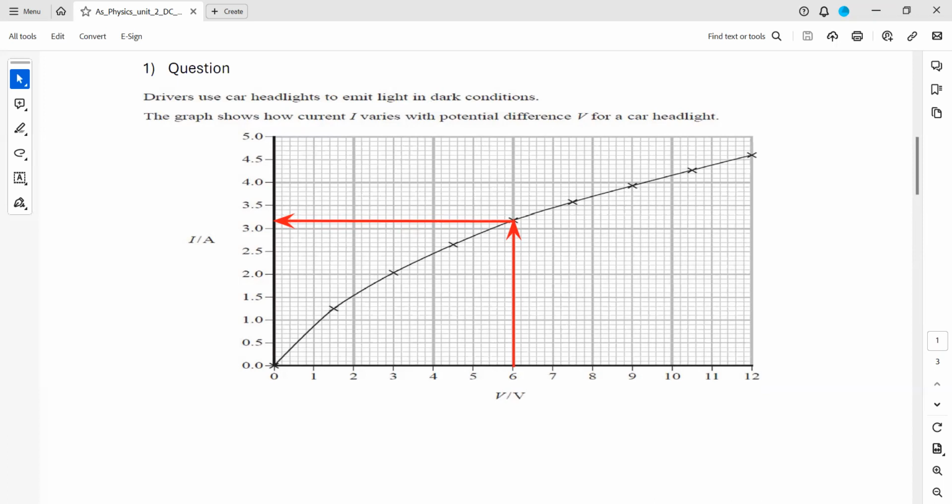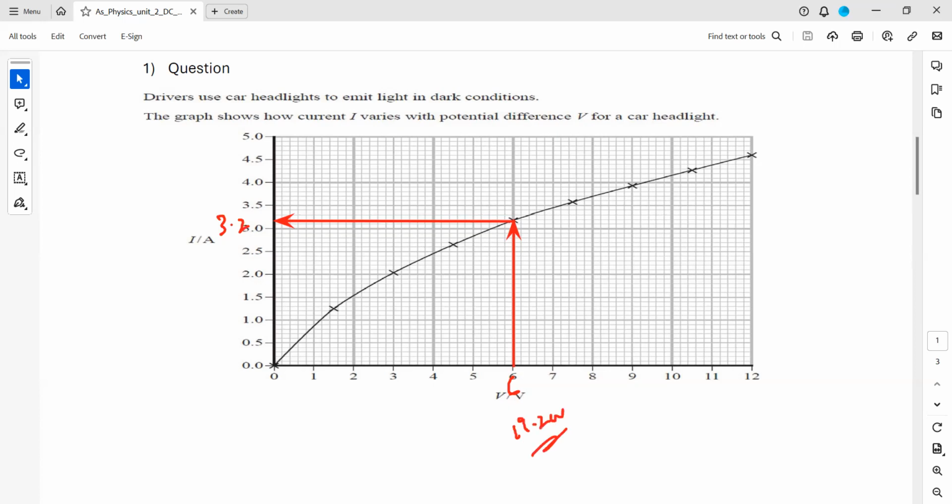So this is 3.2 and this one is 6. So 6 multiplied by 3.2 will give us about 18.6. Sorry, 19.2, because 0.2 multiplied by 6, so it will be 19.2.